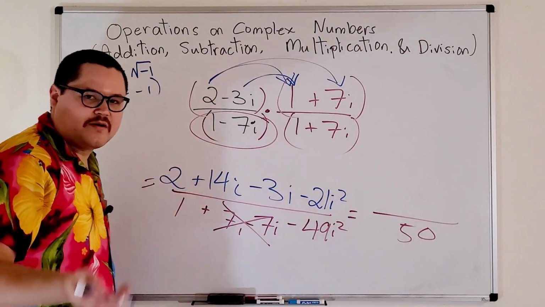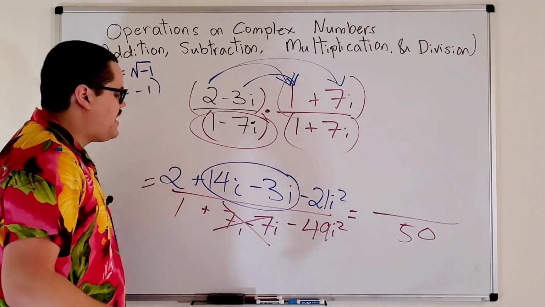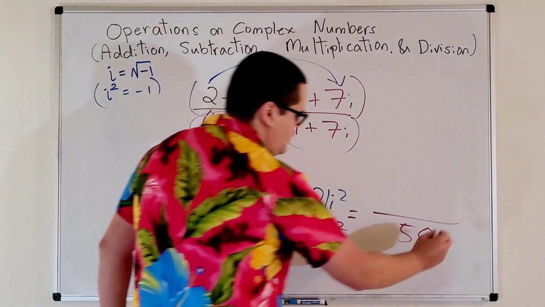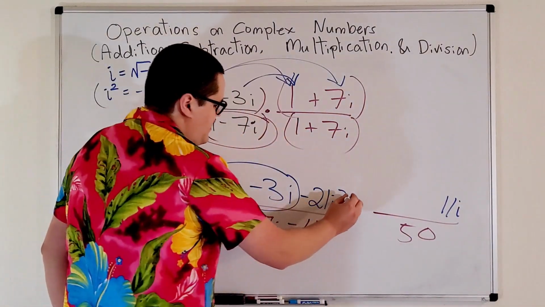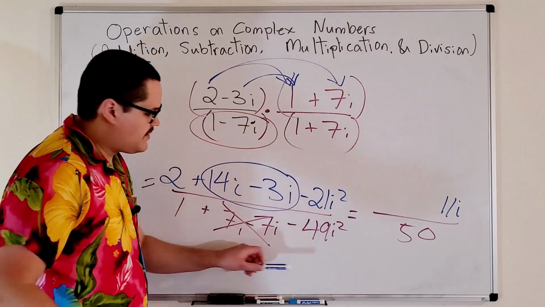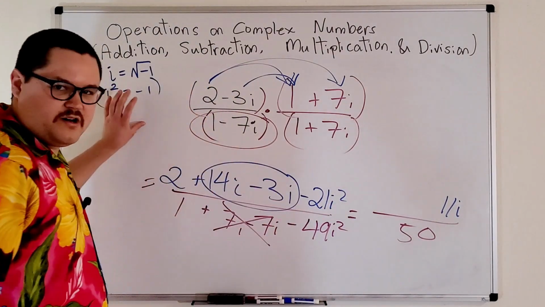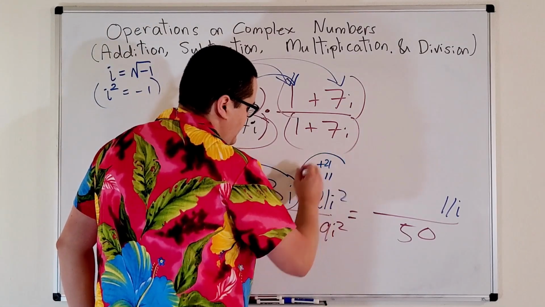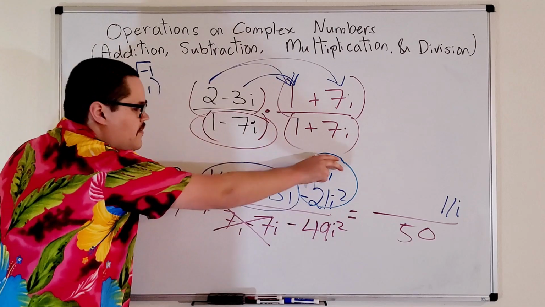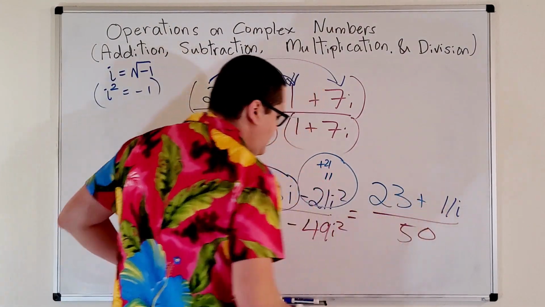Okay, we can combine like terms. 14i minus 3i is 11i. Negative 21i squared, well, that's positive 21, because we know i squared is negative 1, which flips the sign. And 2 plus positive 21 is positive 23.